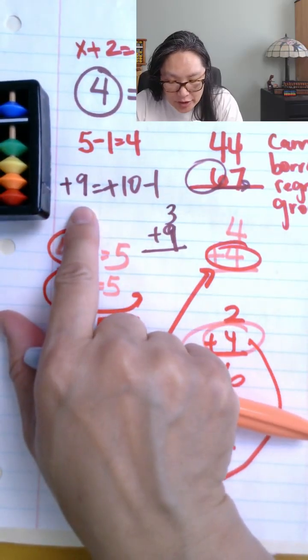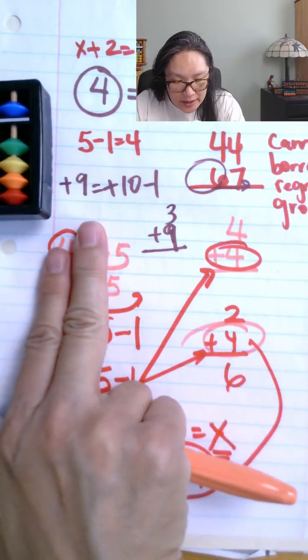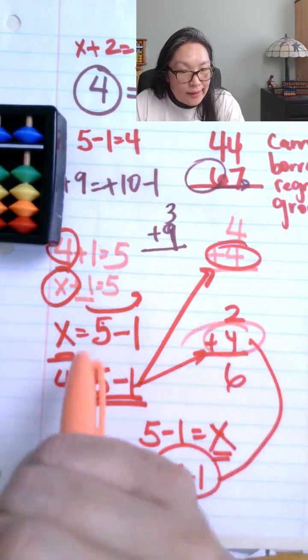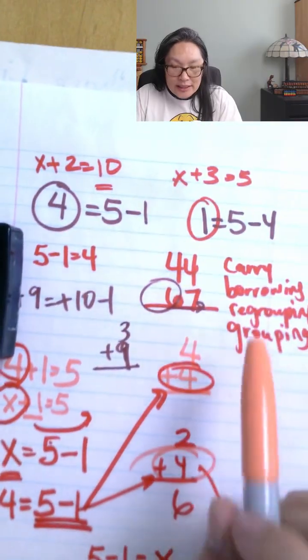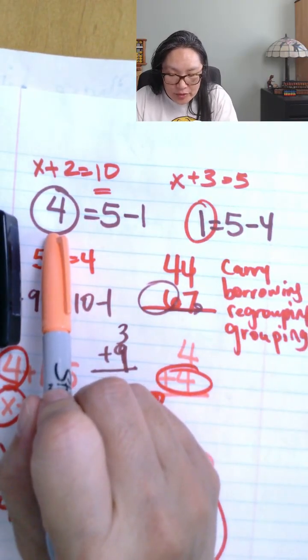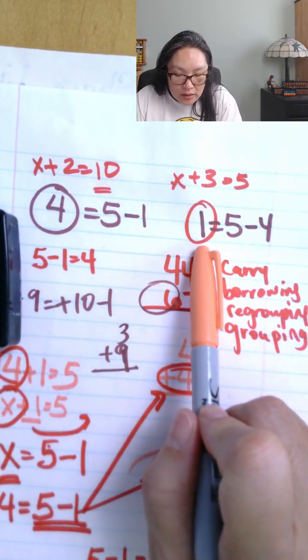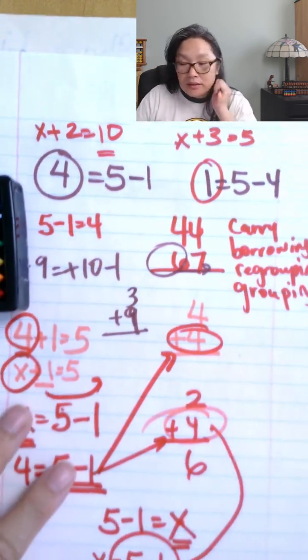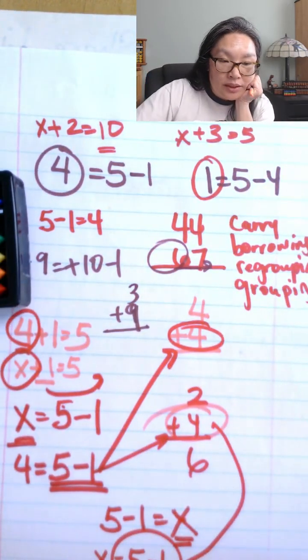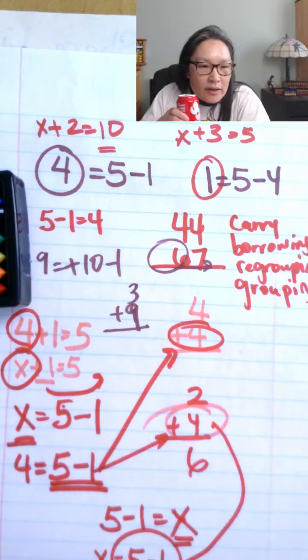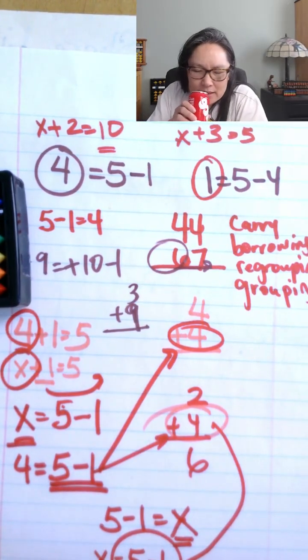When we isolate the variable, it's always going to be on the left side because we're utilizing it. I don't know. I have to think about that one. So like here, when we isolate the variable, we want to use the 4 or we want to use the 1. And then we take this and we substitute it. I don't know. Maybe? I have to think about that one. I don't know if that made sense.